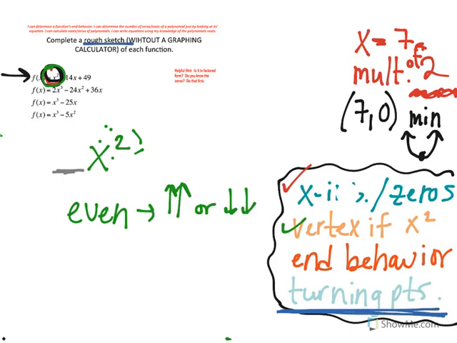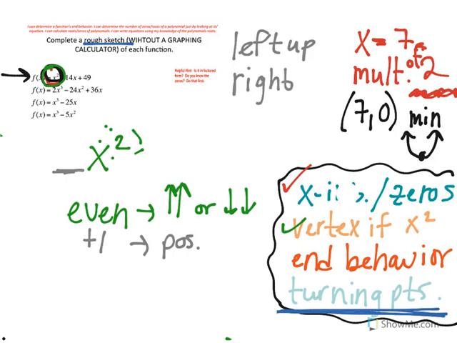Is it positive or negative? Well, there's nothing written there, which tells us it's a positive 1, which means it is a positive function. So when you have an even function that is positive, your end behavior will be left side up and right-hand side up also.